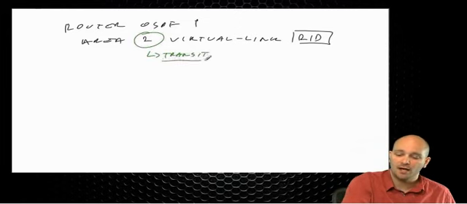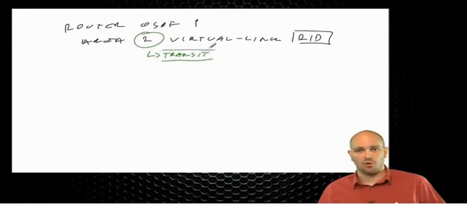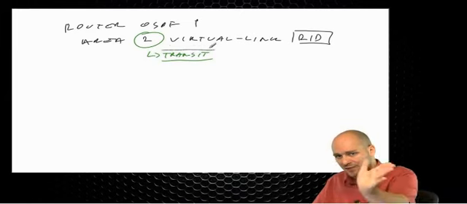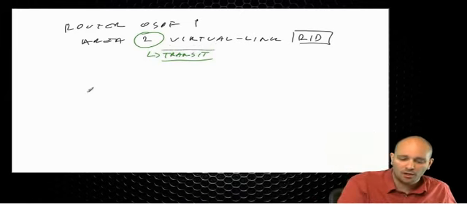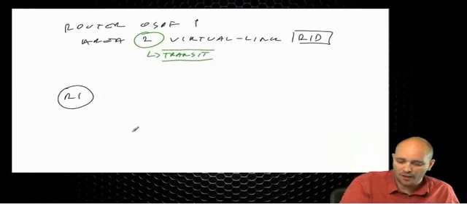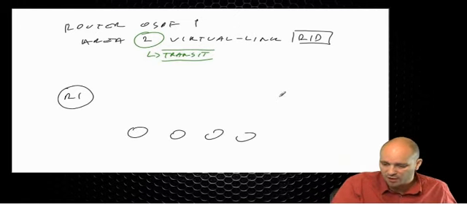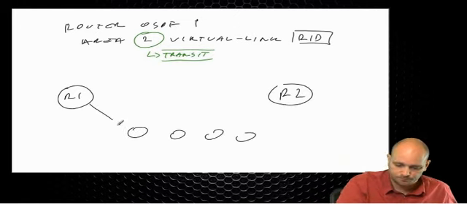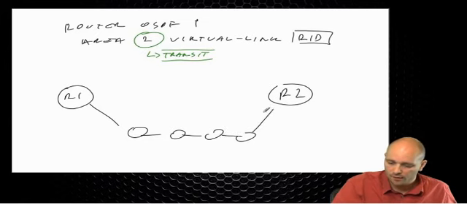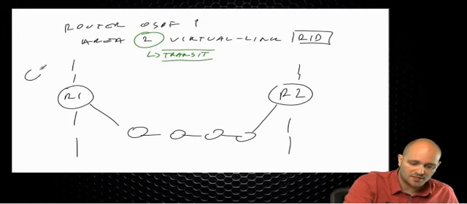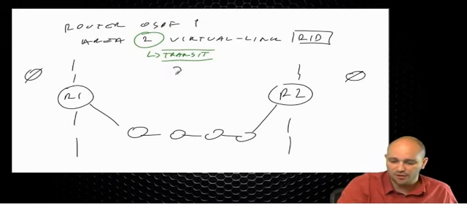So we are telling our router, create the virtual link using area 2 as the transit area. Let's say that we had R1, then any number of routers, and then R2. This here was area 0, this was area 0, this is area 2.